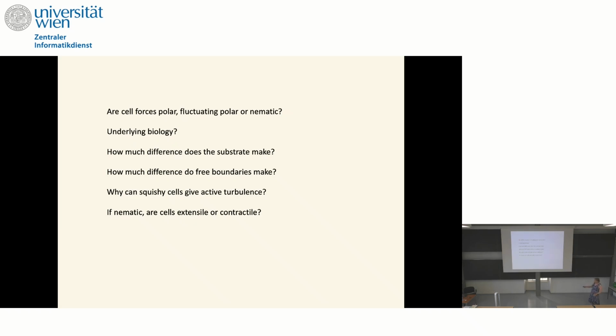Okay. So what I really want to concentrate on is this idea: are cells extensile or contractile? Because the way the topological defects move makes them look extensile, whereas everyone says cells are contractile, they want to return to round. That's what their biological machinery does.